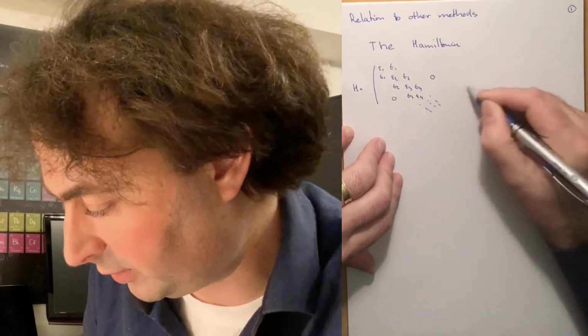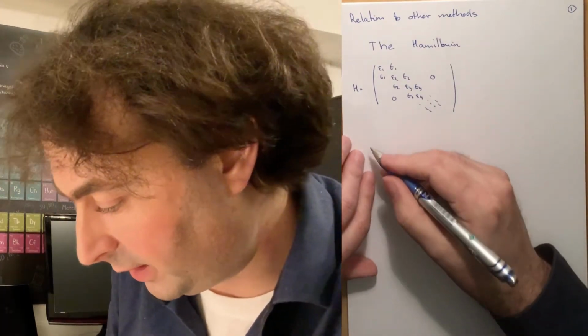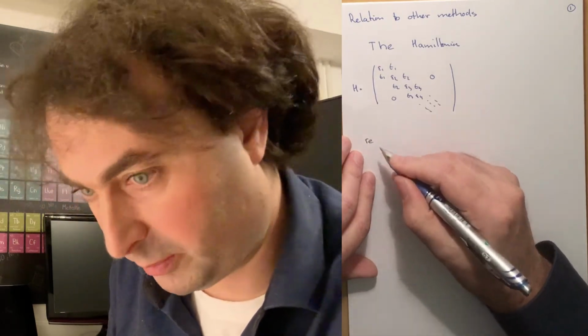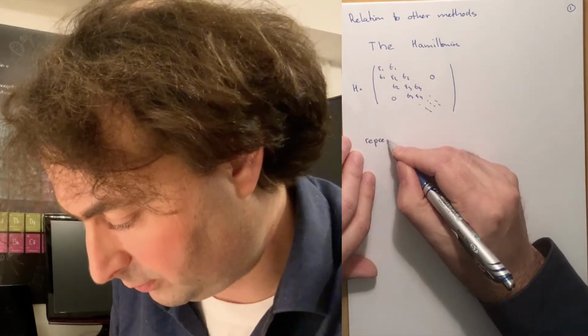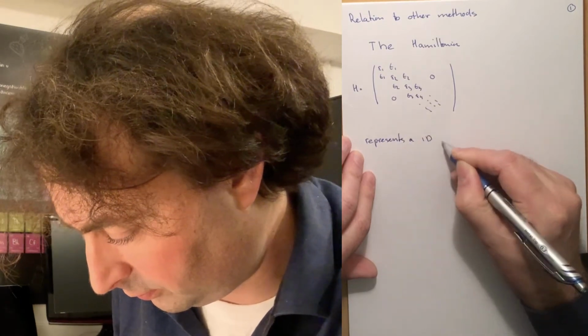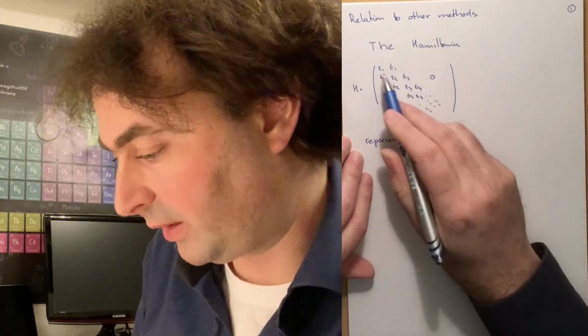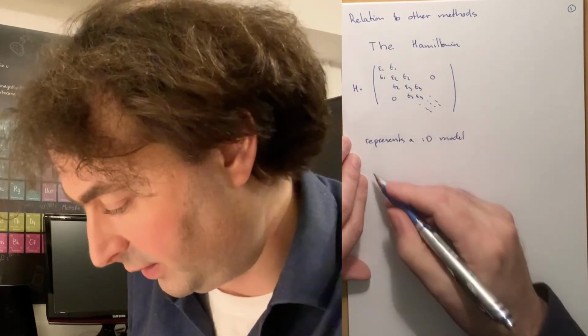So the Hamiltonian, in terms of matrix representation, is given by a band diagonal matrix. And this matrix represents a one-dimensional model where we have on-site energies epsilon and hopping t.